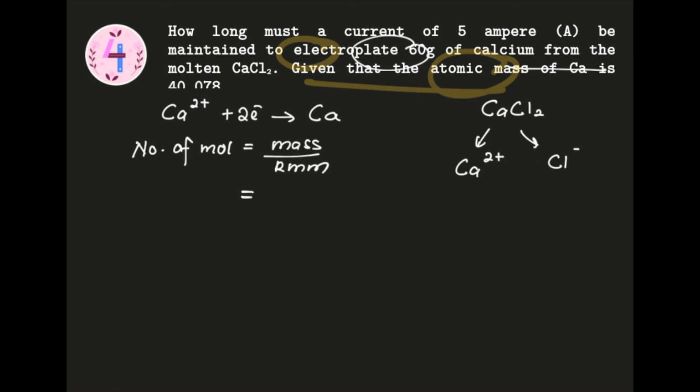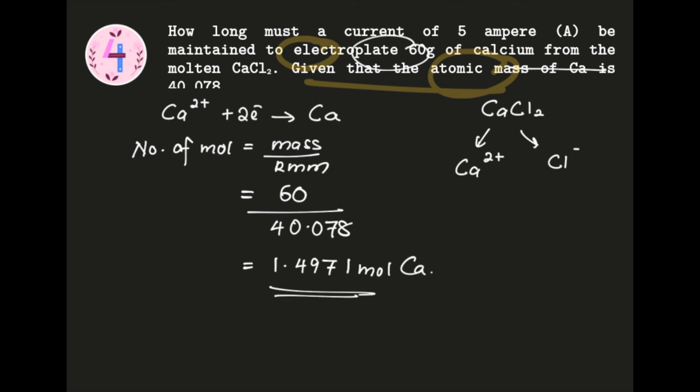The mass of calcium that is going to be deposited is 60 gram, and the relative molar mass, which is the atomic mass in this case, is 40.078 given in the question. So the number of mole is equivalent to 1.4971 mole of calcium. From there you can recalculate until you get how long it takes for the current to be flowing so that you can deposit this much calcium.